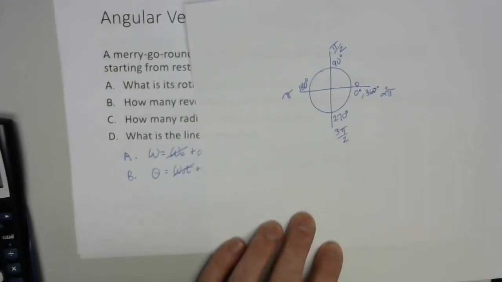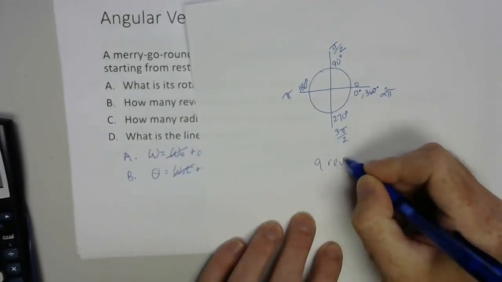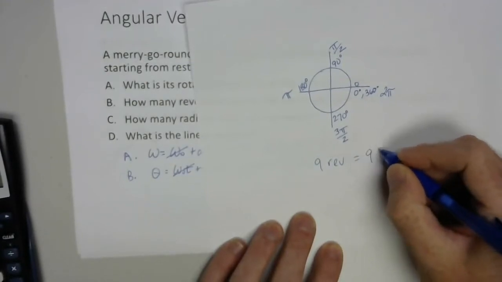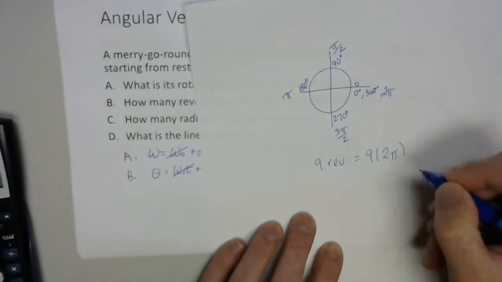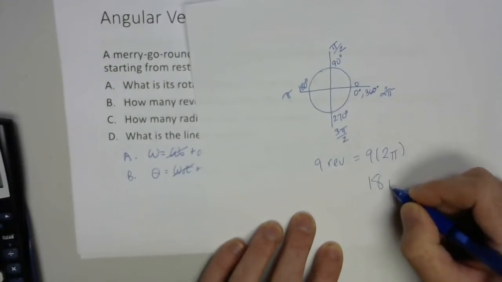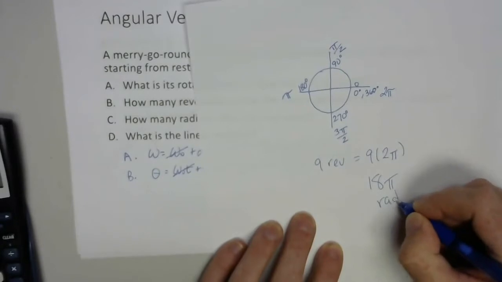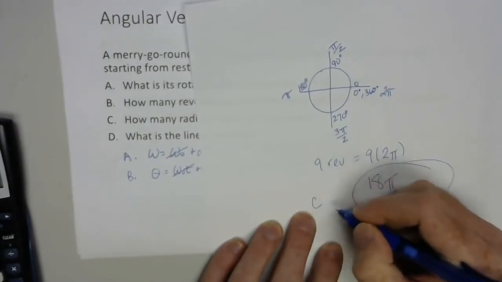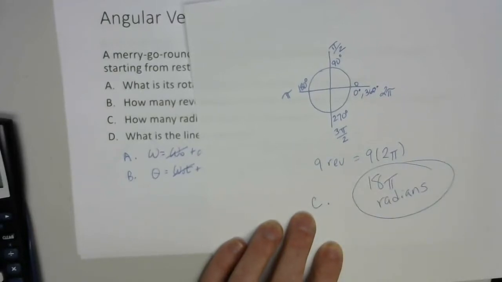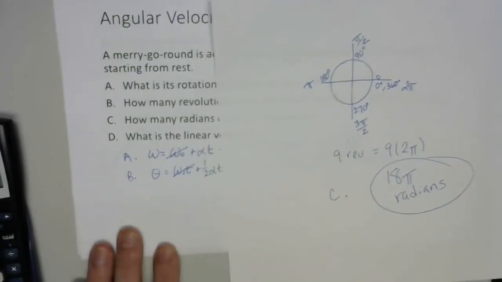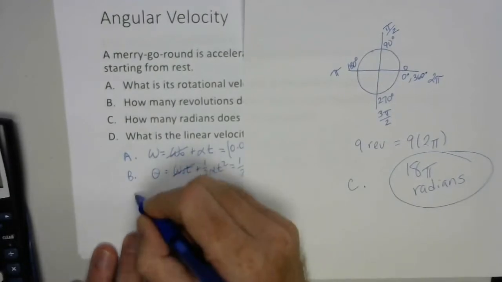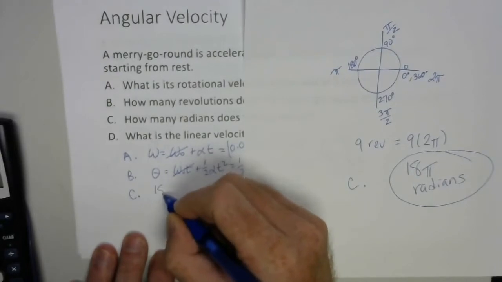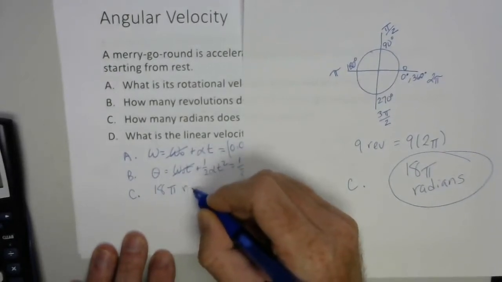So 9 revolutions would be 9 times 2 pi, or 18 pi radians, which would be our answer to part C. If we come back over here, we say C is 18 pi radians.